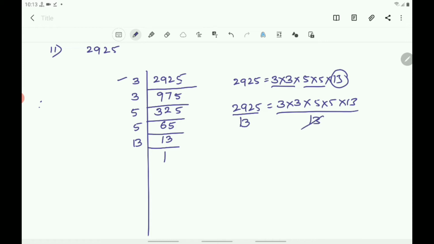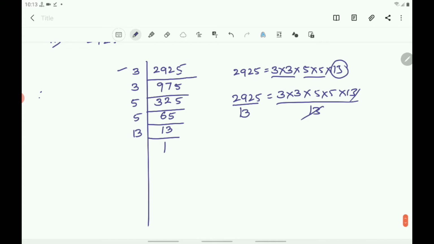So here 13 cancels. Next 2925 by 13, you write 2925 divided by 13. 13 2s are 26. 29 minus 26 is 3. 32. 13 3s are 39 becomes more. Again 13 2s are 26. 6 is remaining. 65. 13 5s are 65.